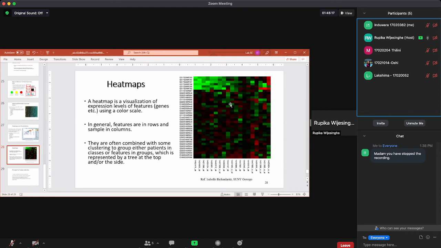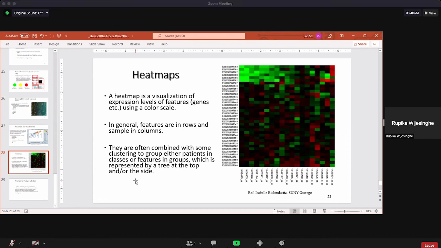Okay, then we'll continue this lesson next week, and also we have to discuss prediction. That means when you have developed the biomarker to diagnose the diseases, when you have identified some genes to diagnose the disease, how to predict whether a particular person has the disease or the type of disease.